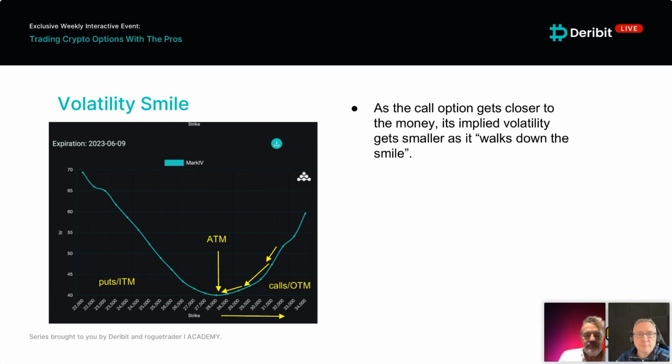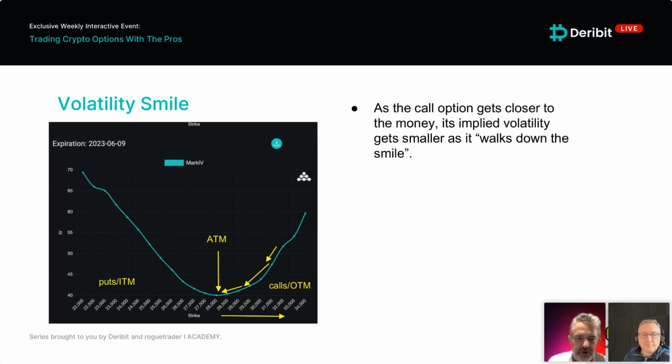Okay. So you may remember that I showed you the options tools right at the beginning that are available on the Deribit screen. And 2 days ago, I did a screenshot and cut out just one of those smiles from that page.